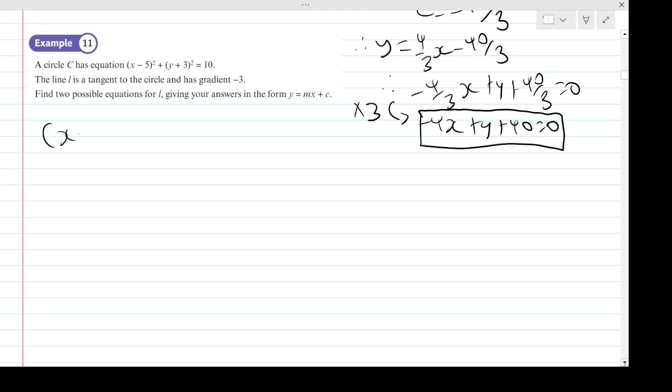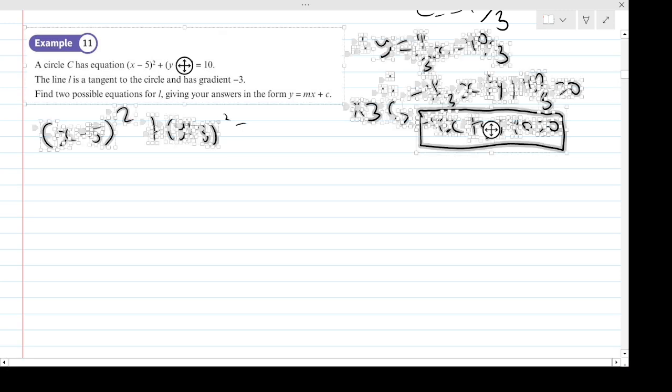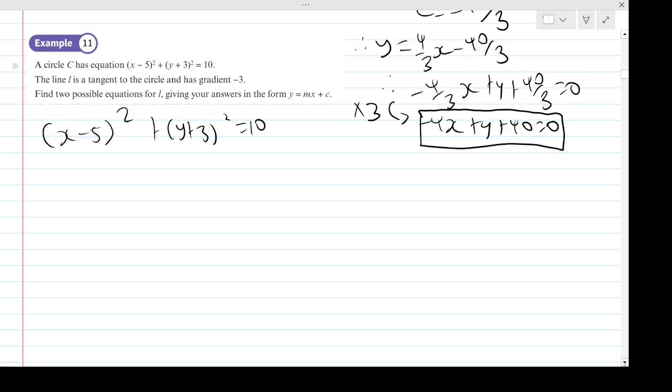So we are told this circle's equation (x minus 5) squared plus (y plus 3) squared equals 10. But then we are given that the line L is a tangent to the circle and has gradient minus 3. So that's y equals minus 3x plus c. We're not told anything about c.